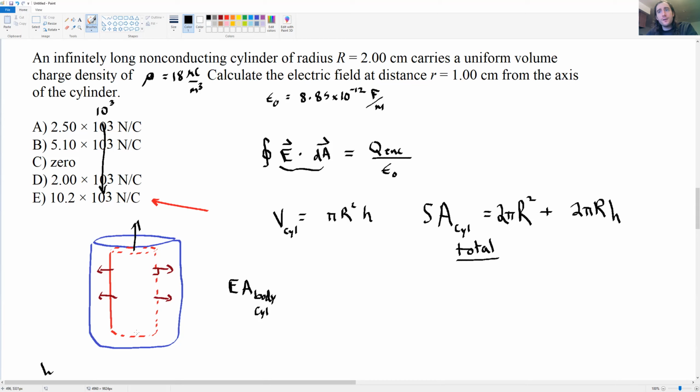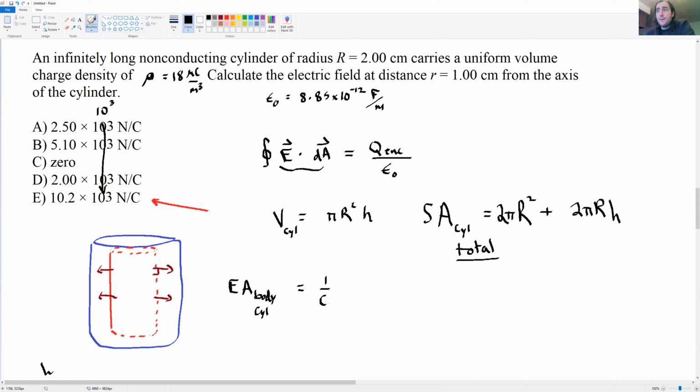No electric field is going in or out of the caps of the cylinder, so we should not count that area. The electric field penetrating that surface there is 0. So those terms drop out of our expression on the left-hand side of Gauss's law.